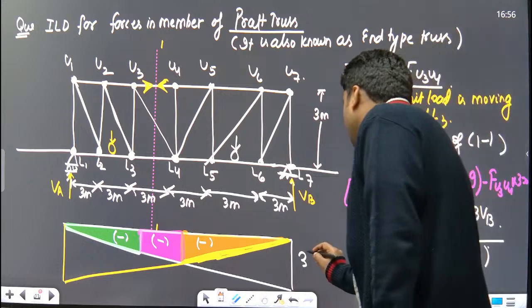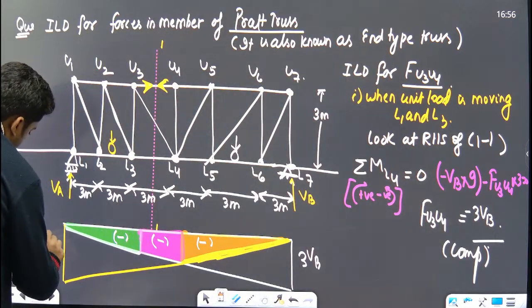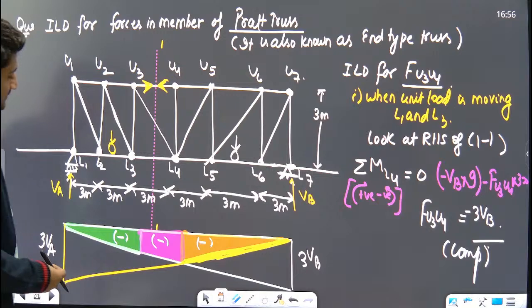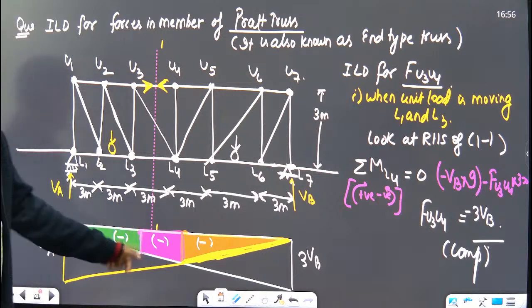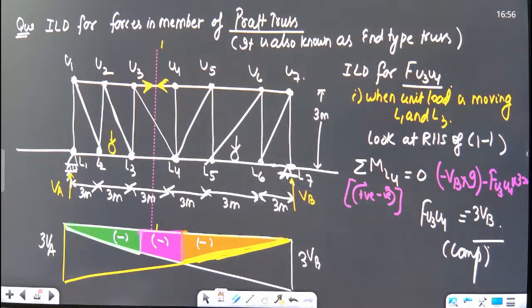This is 3 times of VB. This is 3 times of VA. This is the ILD for force in the member U3 U4. I hope it is clear. Yes or no? Clear everyone?